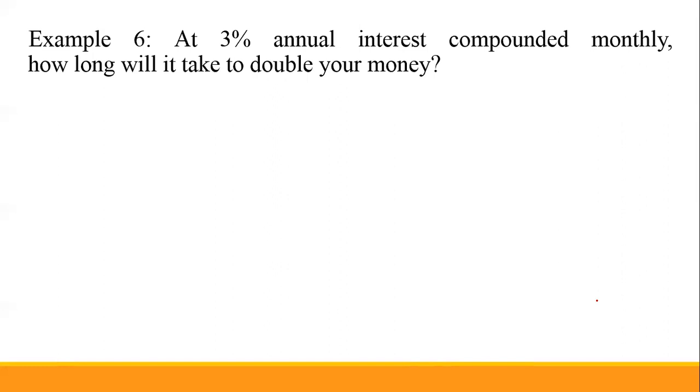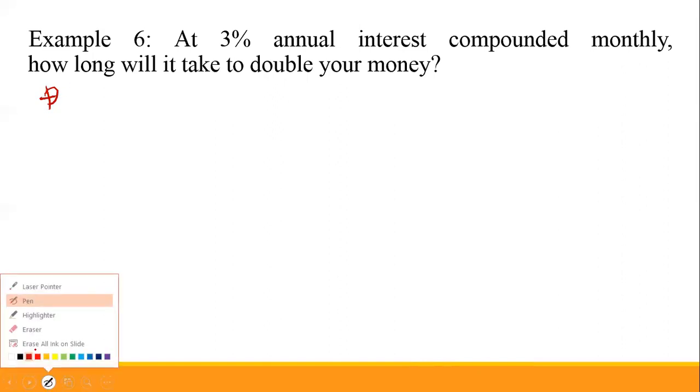So, if we start with $100, then P is $100. Halimbawa, we start with $100.